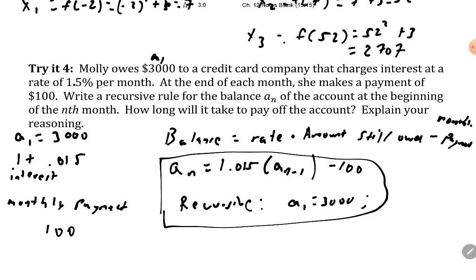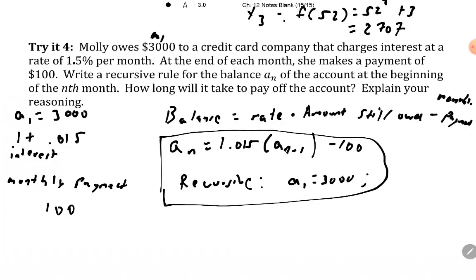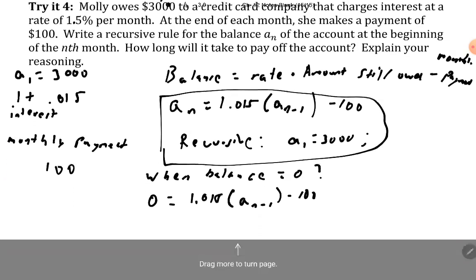When will the balance be 0? So when balance equals 0. We want the balance to be 0, so 0 is equal to 1.015 times a sub n minus 1, minus 100.